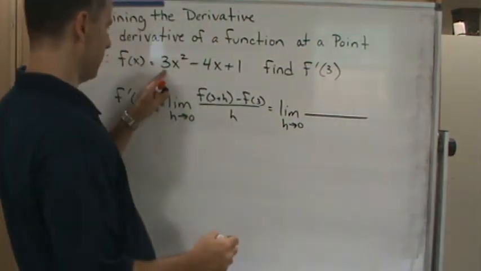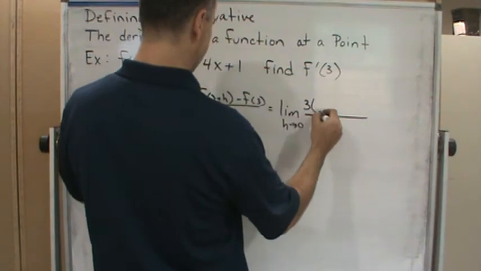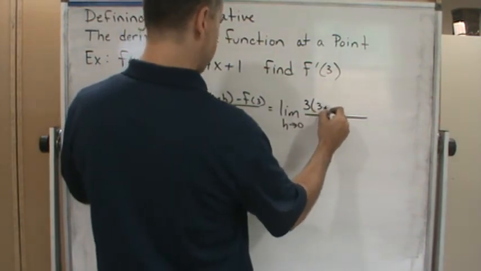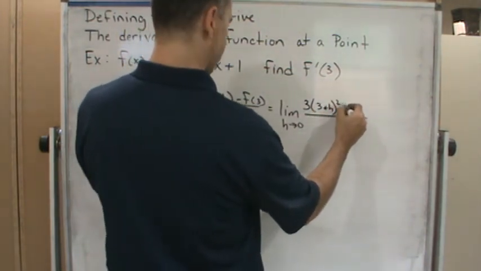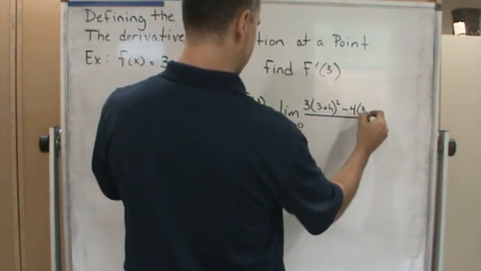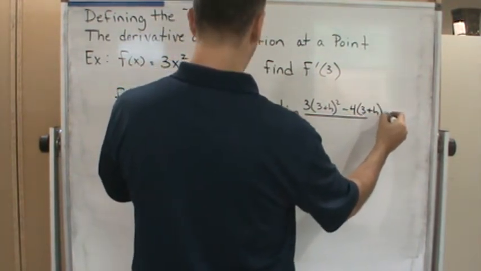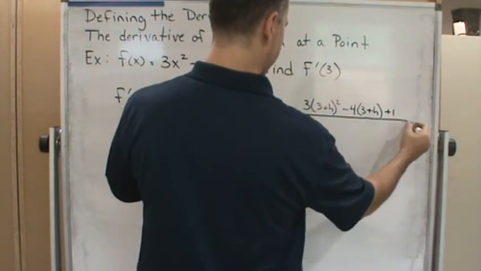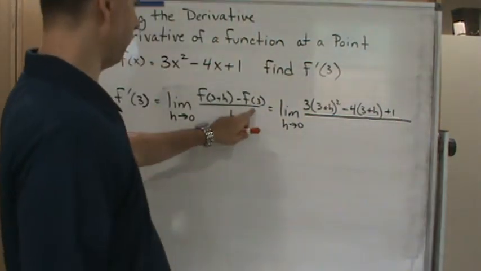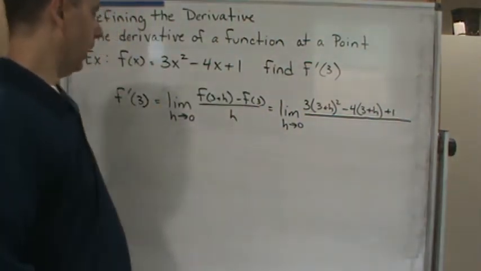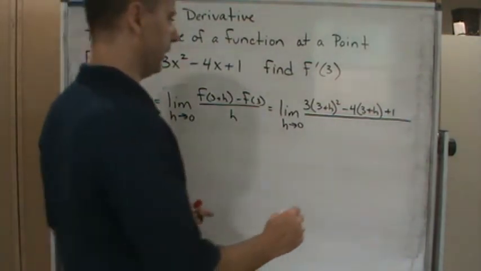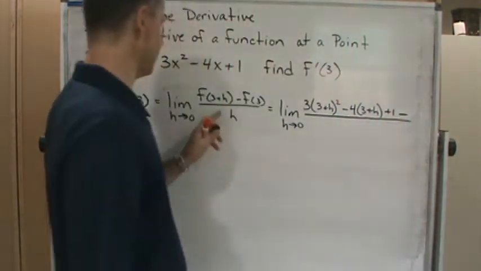Now, this is going to be 3 times 3 plus h quantity squared minus 4 times 3 plus h plus 1. Okay? And then f of 3, I'm just going to plug it in, minus f of 3. What is f of 3?